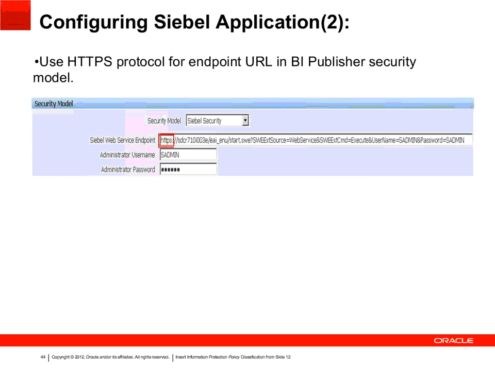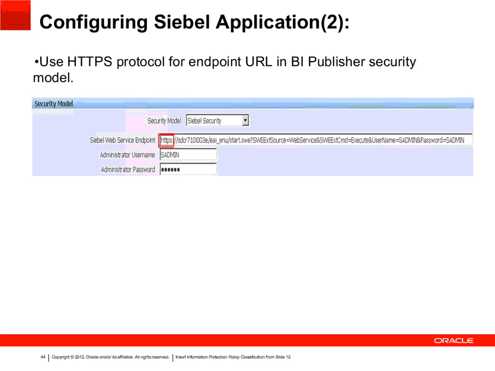Moving on, the important step in configuring SSL is to use a secure protocol, which is HTTPS, in the Siebel web service endpoint URL, as shown in the screenshot. Here, we are telling BI Publisher to encrypt all the communications that will happen with the EI Object Manager.